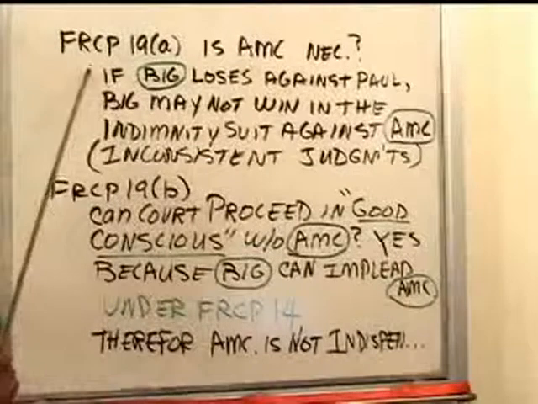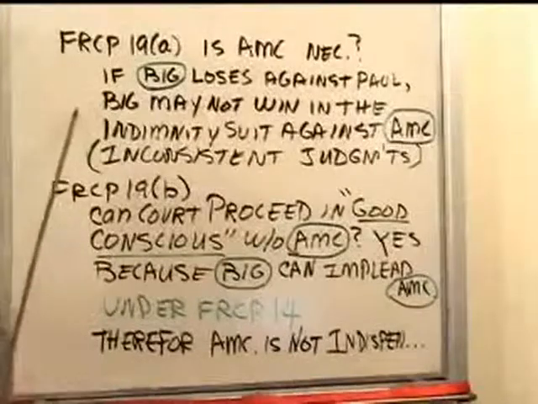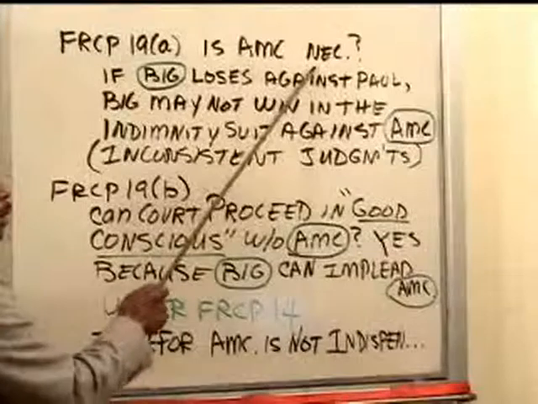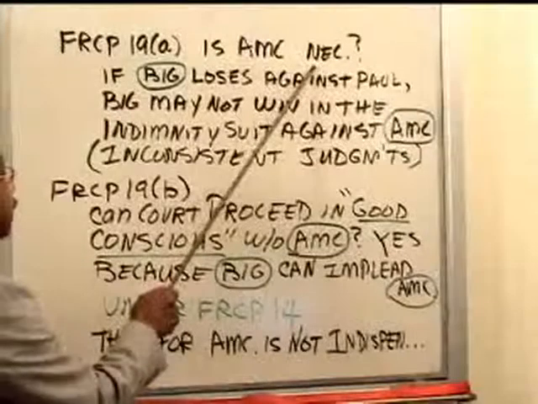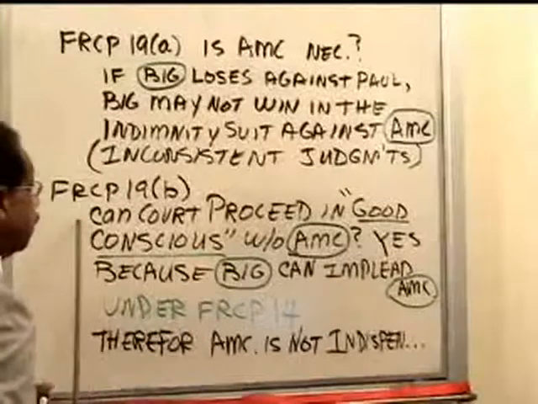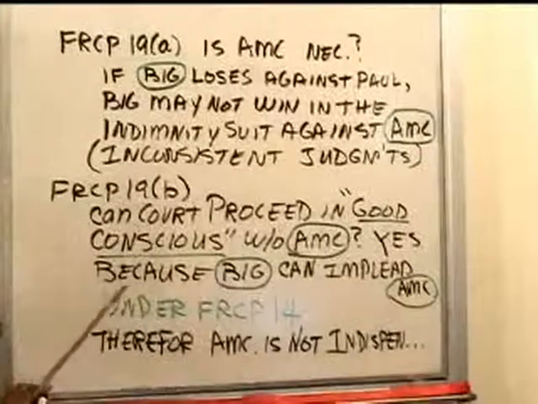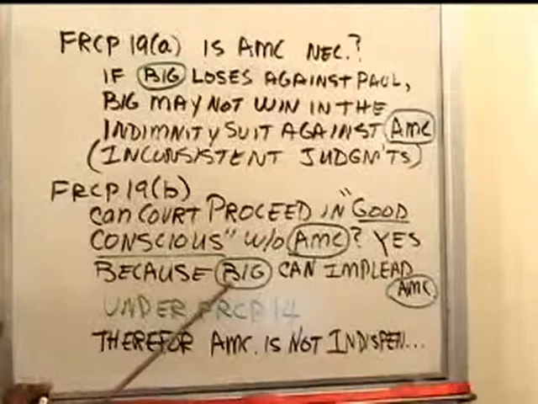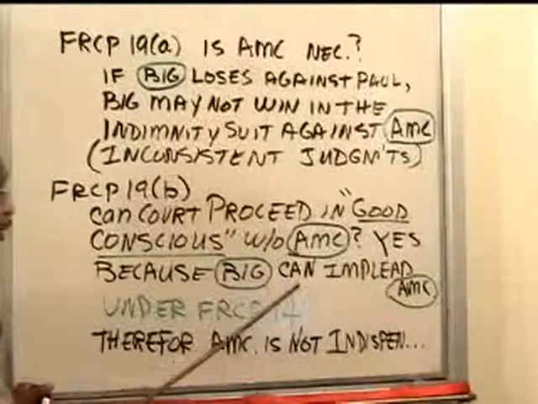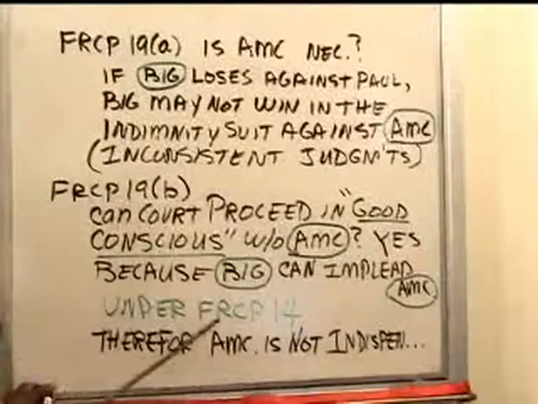Under 19A, we concluded that M Corp does fit the rule and is a person who we call necessary or conditionally necessary or ought to be in the lawsuit. But even though M Corp ought to be in the lawsuit, the court can proceed in good conscience without them because Big Corp can avoid the inconsistent judgment by simply impleading M Corp right now under Rule 14.